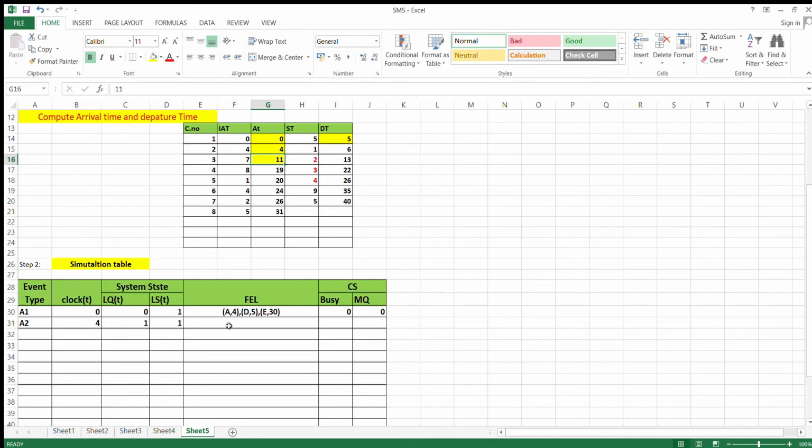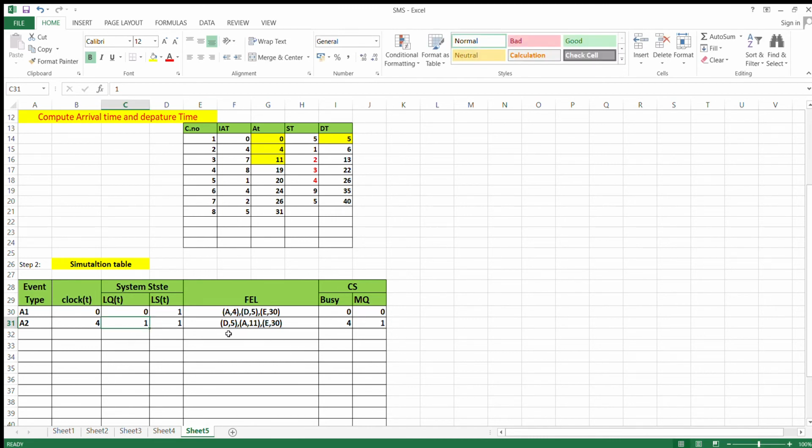So the future event list is D5, A11, E30. Next we need to find the busy time. To calculate busy time: current arrival minus previous arrival, 4 minus 0, 4, plus busy 0, we get 4. Maximum queue is 1 because there is one customer waiting in the queue.